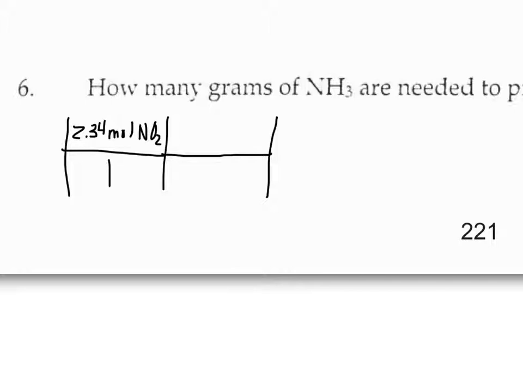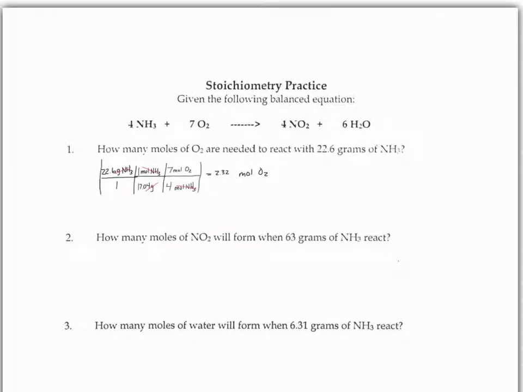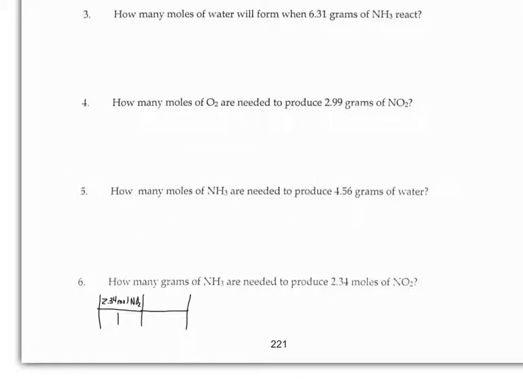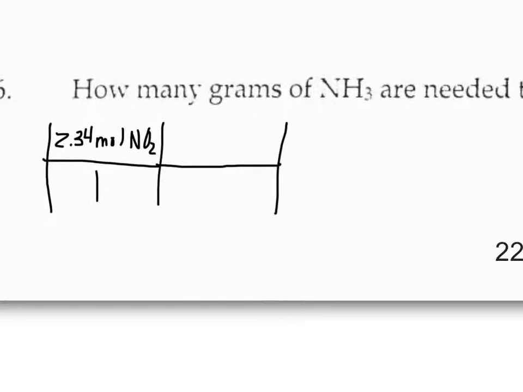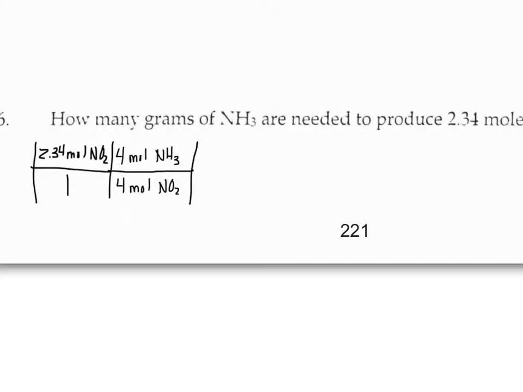Now if we look back at the top, we look at NH3 to NO2, we see it's 4 NH3 to 4 NO2. So now we're going to use that in the ratio. Keeping in mind, 4 mole NO2 goes on the bottom, so it cancels out, and our 4 mole NH3 goes on top because that is what we want. Now if we were to stop here, we would end up with just moles. But the question asks for how many grams of NH3.